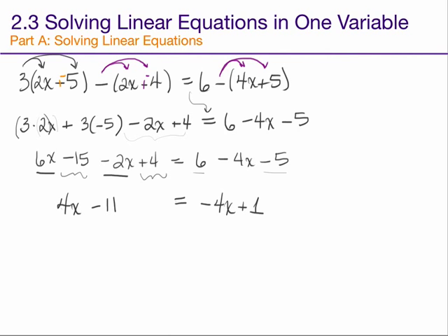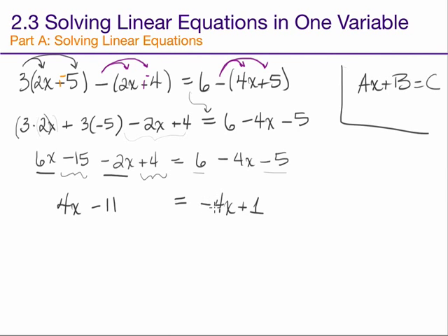Remember that in this section, our goal is to get the equation into the form ax plus b equals c. And we're almost there. We have ax plus b, but we have x's on this side too. We don't want those there. There are no x's on the right-hand side of this equation. So if these are here, they're essentially in our way. We need to get rid of them.